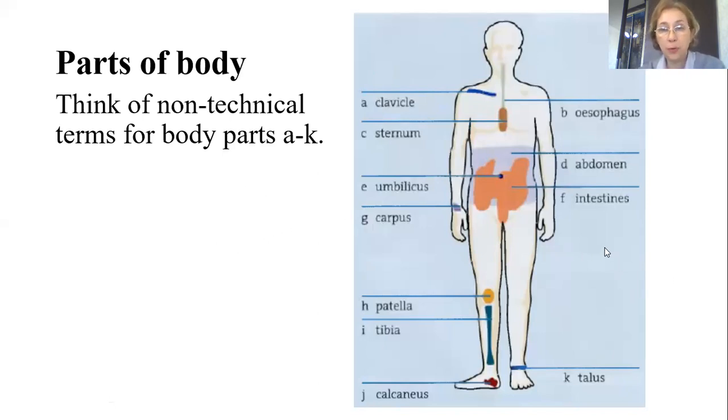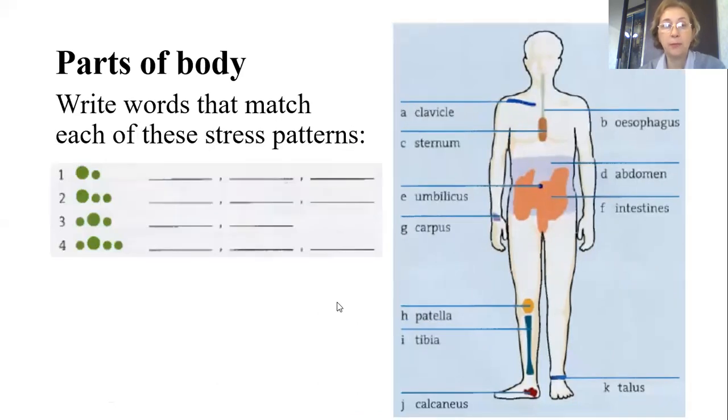Now let us just focus on the pronunciation of the words for parts of the body. Here we have the same diagram, but there is the task to write words that match each of these stress patterns. We can see 4 stress patterns.